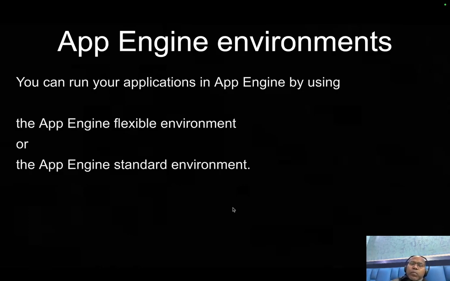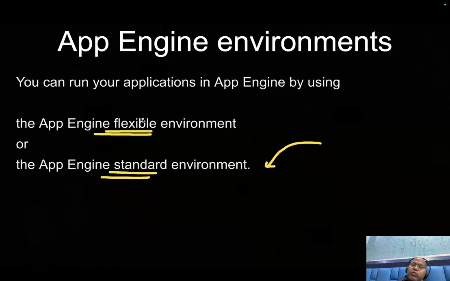Whenever you deploy App Engine, we have to consider that App Engine provides two kinds of environment: one is the flexible environment, and the other is the standard environment. You have to be careful and aware, because these two environments provide different levels of control. In the standard environment, almost everything is controlled by App Engine or Google Cloud itself.